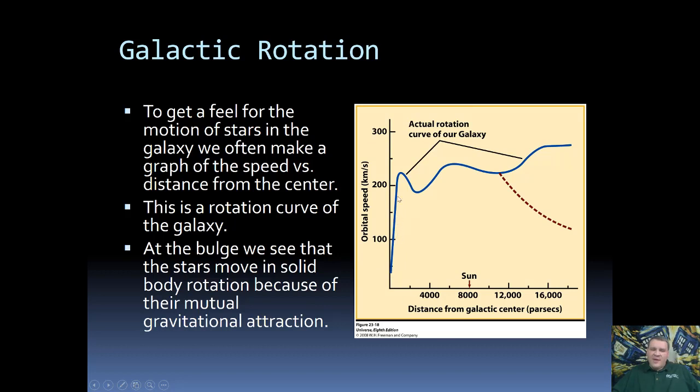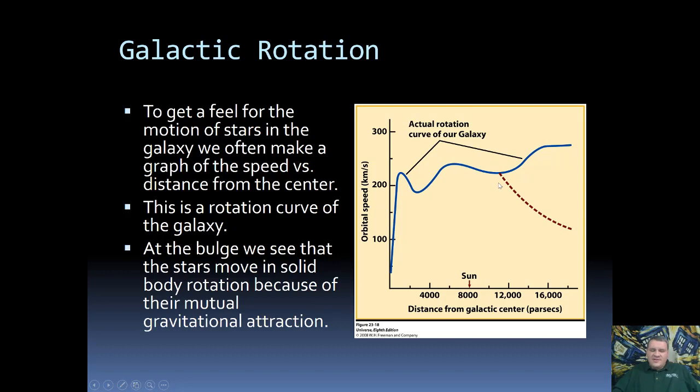This really quick ramp up at the very center of the galaxy, at the left side of this graph, is the central bulge. As we progress through the central bulge, we're adding lots and lots of mass, so stars get going really fast. Out here, we enter into the disk.